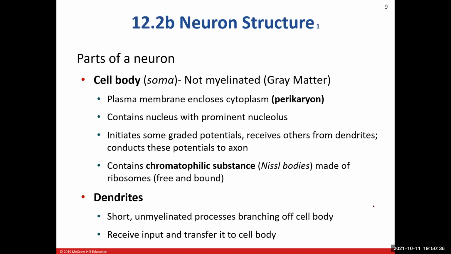All right, parts of the neuron real quick. The cell body, I did not mention this before, is not myelinated. Myelin is a fatty tissue, meaning it has a high composition of lipid in it. If you have myelin, this lipid-rich substance that surrounds the nerves, it appears white.